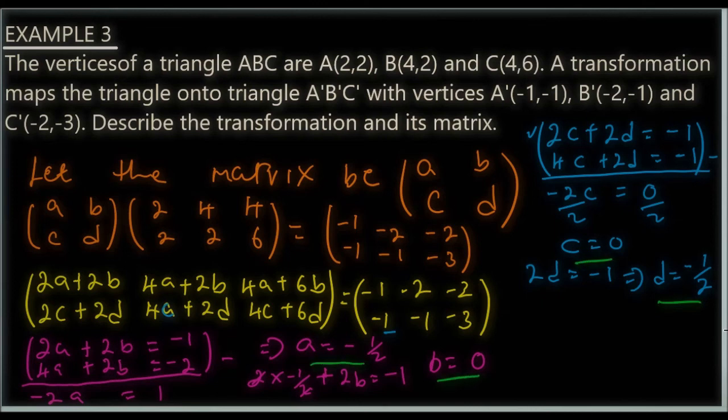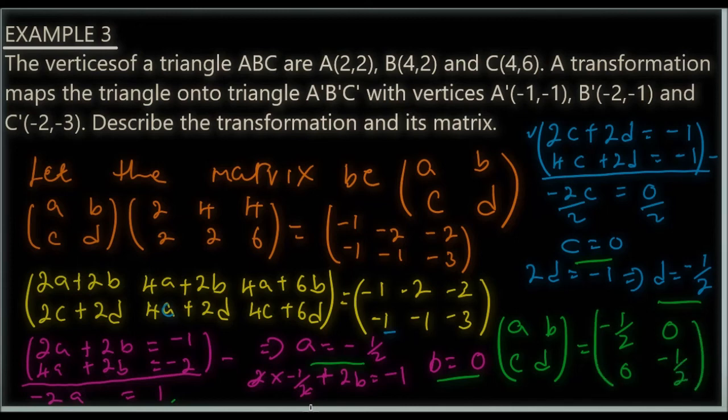So we now have our matrix a, b, c, d, which is equal to: a we found is minus a half, b we found is 0, c we found is 0, and d we found is minus a half. So that is the matrix of transformation which transformed triangle ABC onto triangle A'B'C'. So that is how you get the matrix.